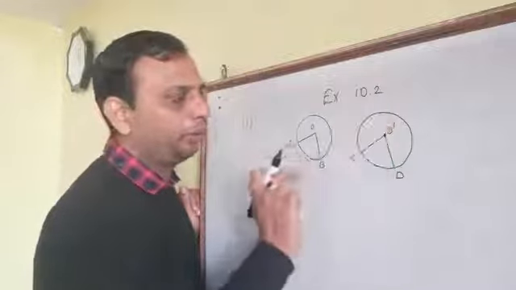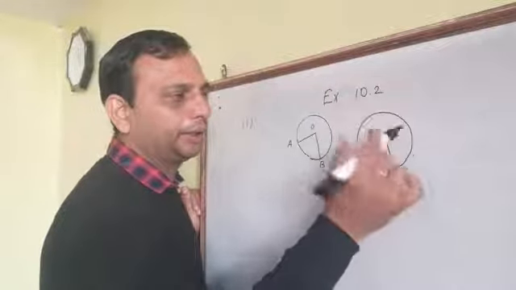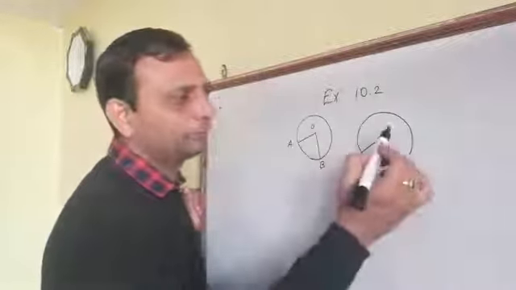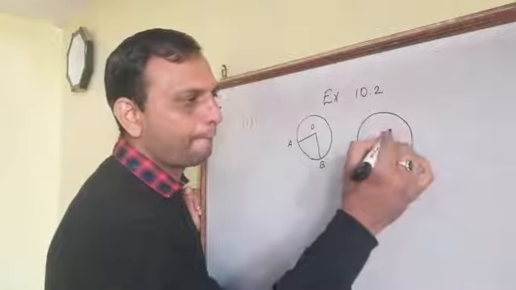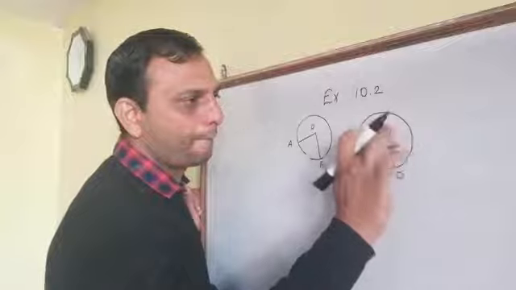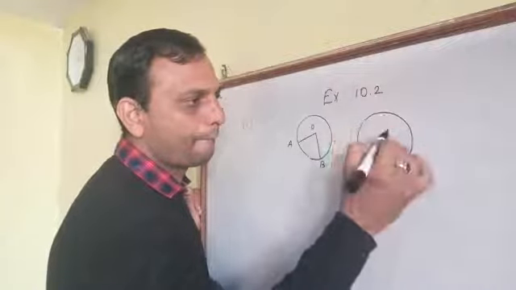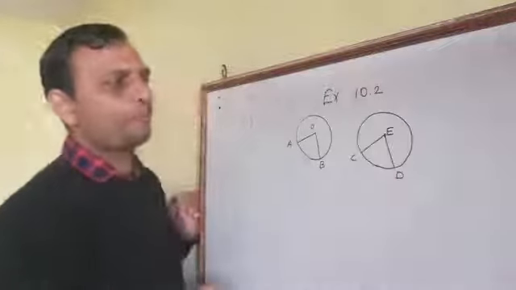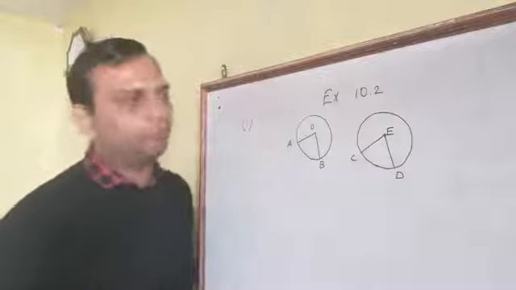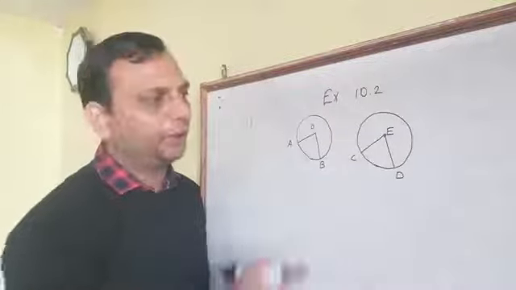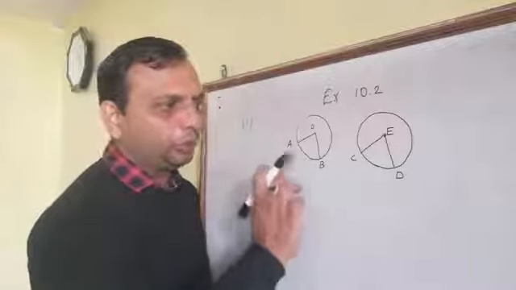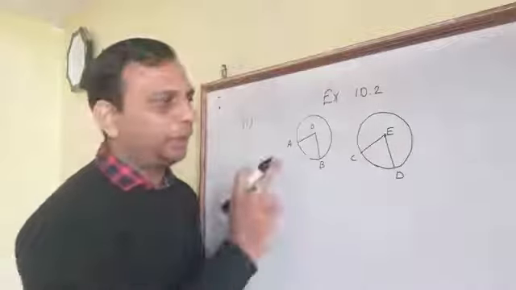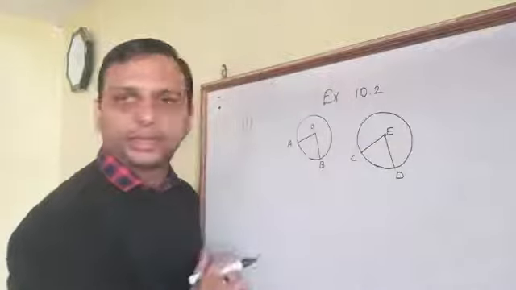Suppose A, O, B. You can take a center, because some students get confused with the O dash. E is the center of one circle, O is the center of the other. Now these two circles are concurrent. Concurrent means the radii of the two circles are equal, given.